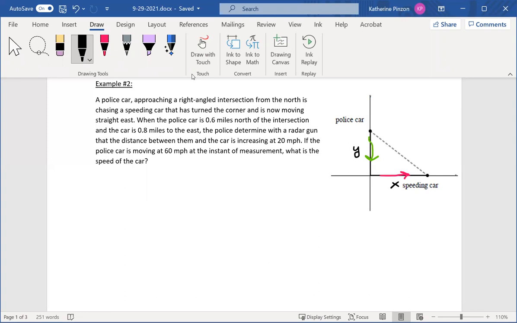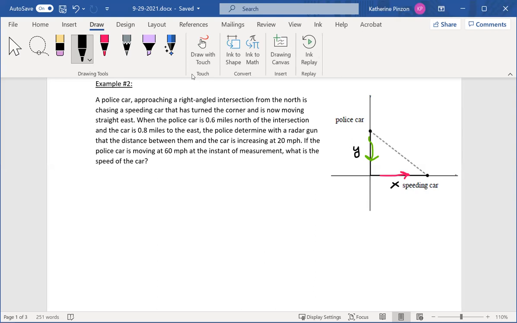So when I find the rate dx/dt and the rate dy/dt, what kind of number, positive or negative, should dx/dt be? Positive, because this x distance is increasing. What kind of number, positive or negative, should dy/dt be? Negative, because this distance y is decreasing.